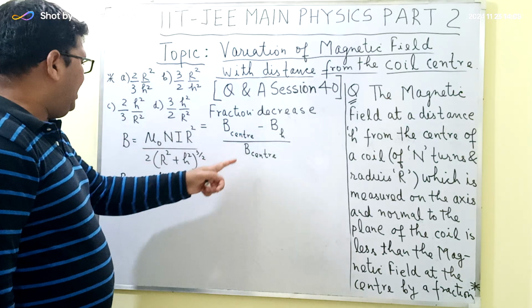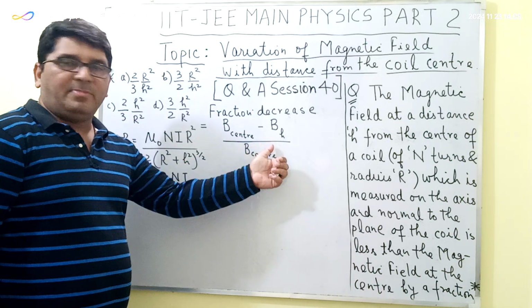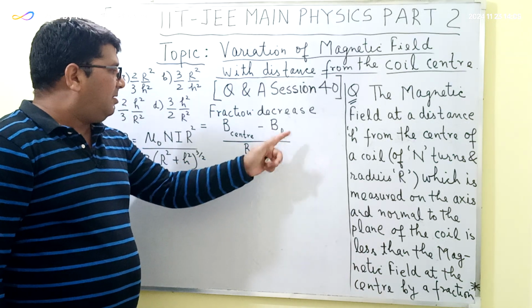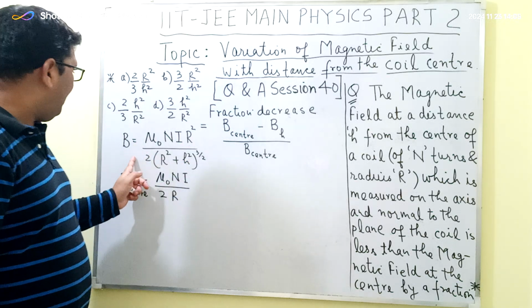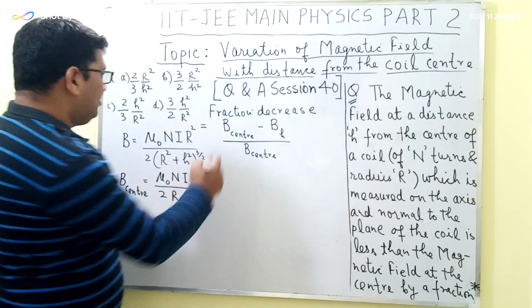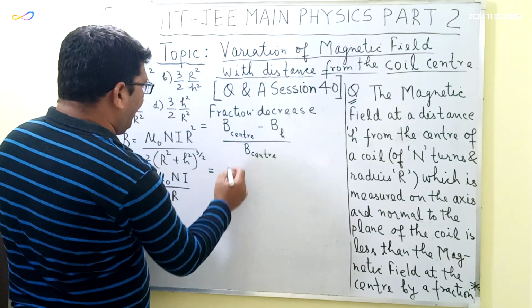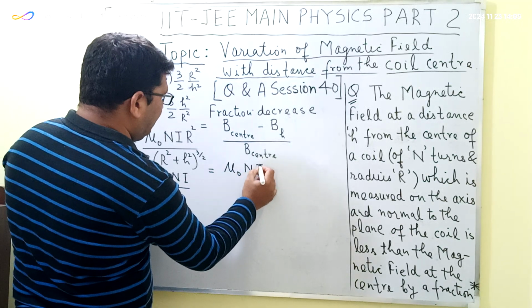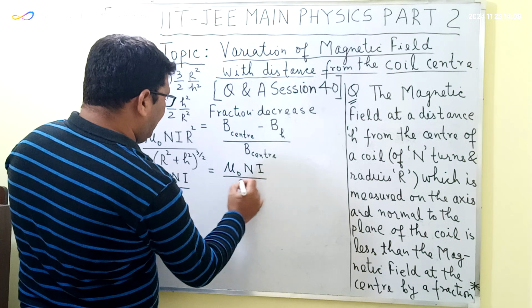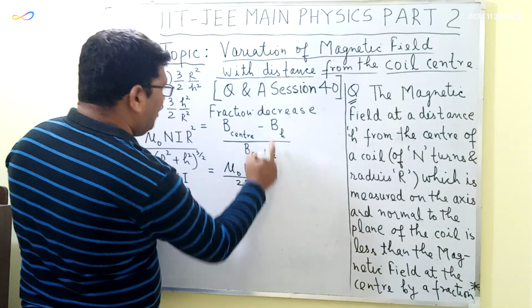The value of the magnetic field at a distance h from the center of the coil on the axial line is given by this formula. So this fractional decrease will be equal to mu naught N I divided by 2r minus B h.